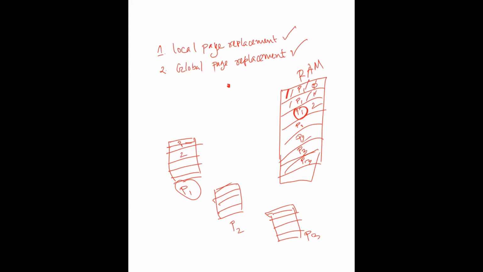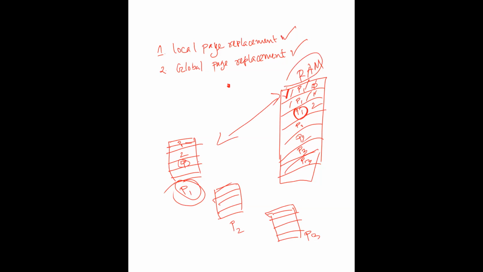After a certain period of time, your operating system asks for data from process P1, but this data, let's say, is in page 4. Page 4 is not available inside the RAM. So what does your operating system do? Your operating system will replace one of these pages in the computer's RAM. So which frame will it replace?